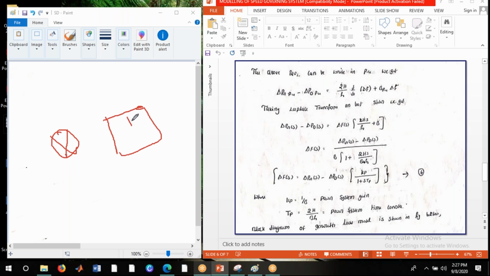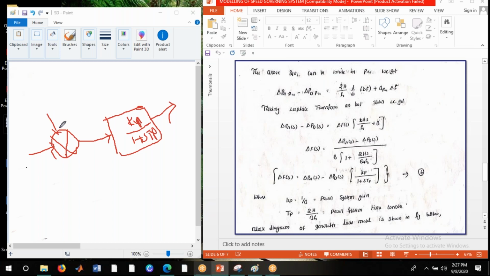This is the transfer function of the generator, given by Kp divided by 1 plus s Tp. How can we represent this equation here?